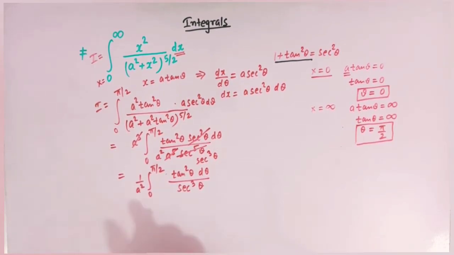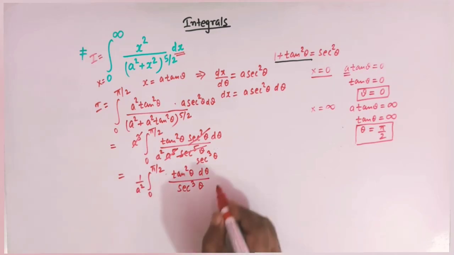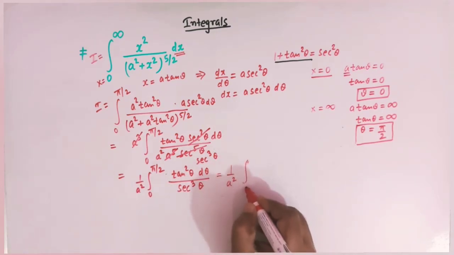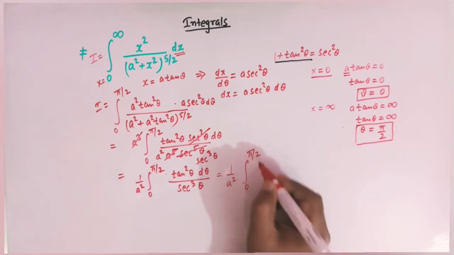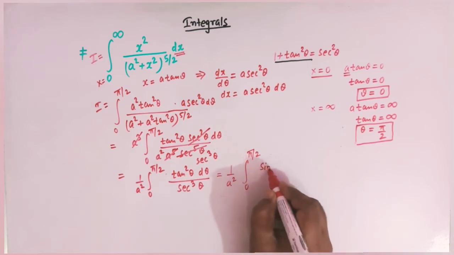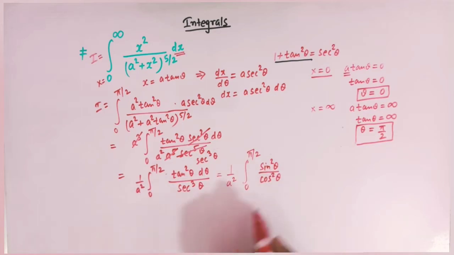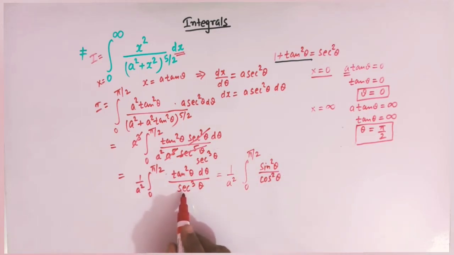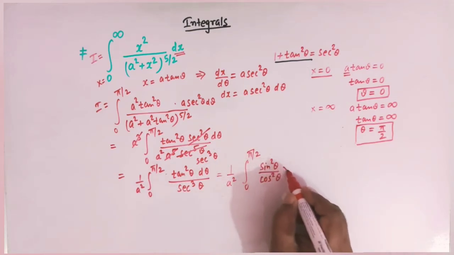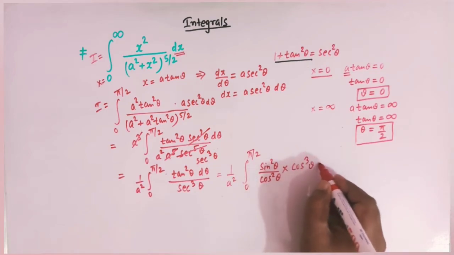So now let us write this integral in the form of sine theta and cosine theta, right? So what we will do, we have 1 over a square, here we have 0 to pi by 2, and for tan square theta, we can write sine square theta over cos square theta, right? And here we have secant cube theta in the denominator, so now we can multiply this term by cos cube theta, right?